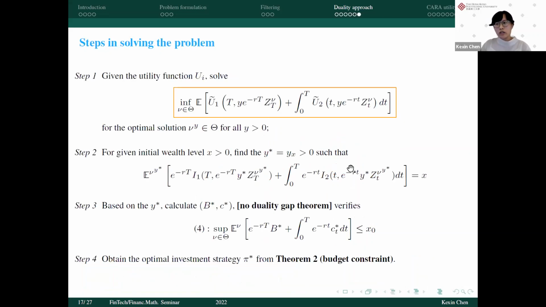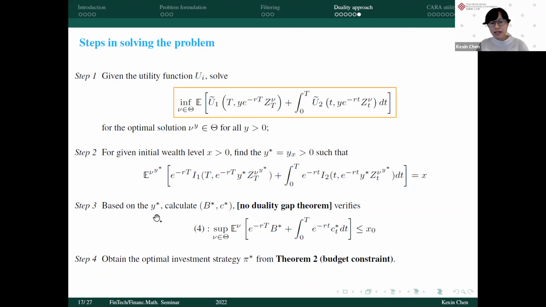So to conclude, the problem is solved by using the following steps. First, given the utility function ui, we aim to solve the following dual optimization problem. We want to find the minimizer nu y for all y greater than 0. Then for a given initial wealth level x greater than 0, we aim to find the y star such that the following equation holds.